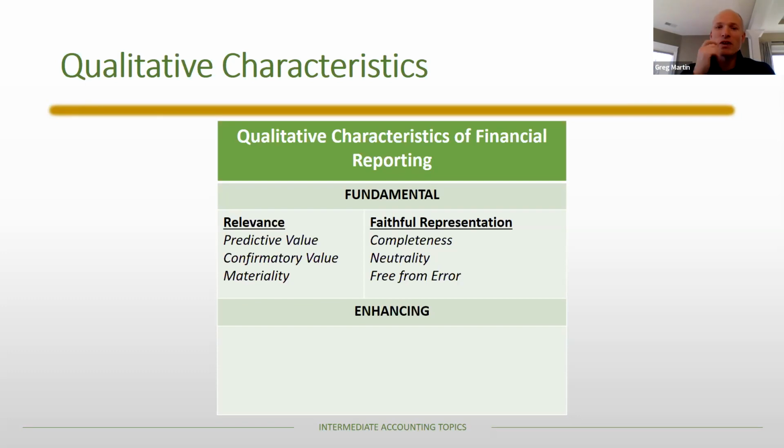But, in terms of accounting, we need the complete information. And then neutrality basically means that the information should not be biased up or down. It needs to be neutral, just trying to give you what the expectation is, not biasing towards one view or another.